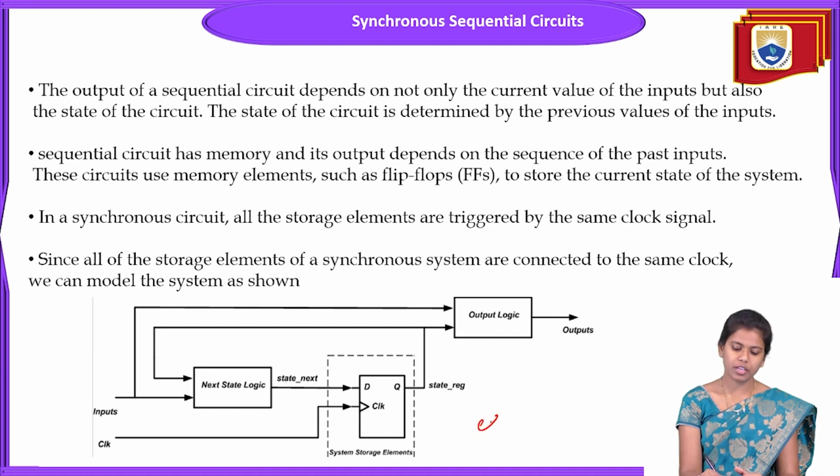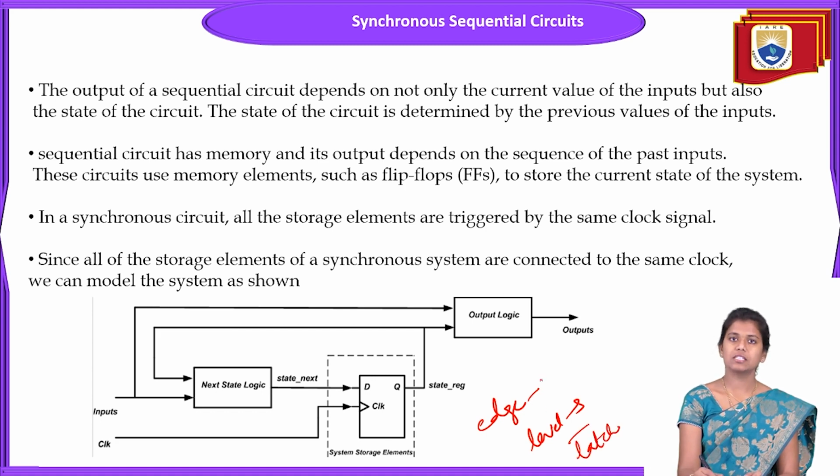Among edge triggering and level triggering, we discussed level triggering. These are storage elements that store 1 bit of information. In level sensitivity we mostly use latches, whereas in edge sensitivity we use flip-flops.